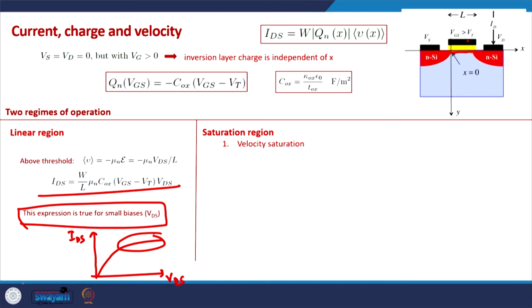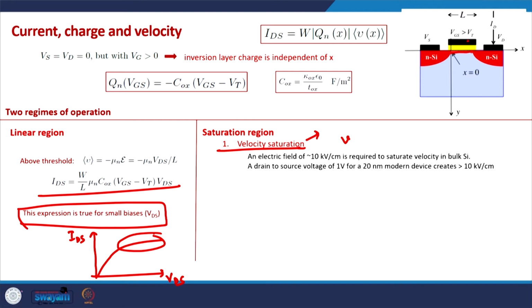So, let us consider the case of velocity saturation. This happens in small channel MOSFETs, because when the channel length is very small, the electric field becomes extremely high and the velocity actually saturates to a certain value. In one of our previous discussions, we have seen that typically an electric field of around 10 kilovolt per centimeter is required to saturate the velocity in bulk silicon.